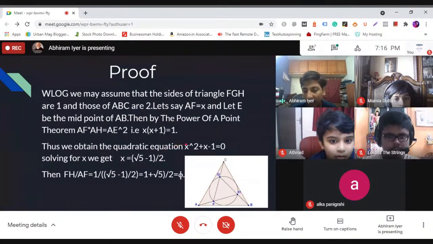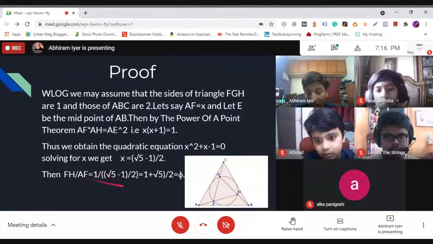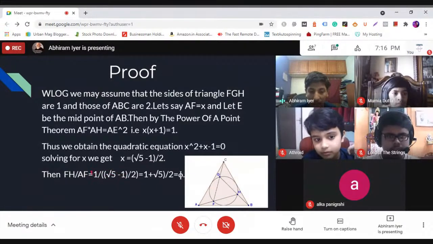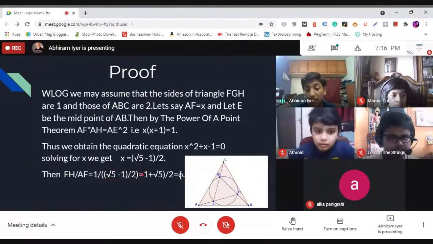So we get this equation: x times x plus 1 equals 1. After simplification, we get x squared plus x minus 1 equals 0. And solving for x, or let me say AF, we get that AF is equal to root 5 minus 1 by 2. Then FH by AF is nothing but 1 by x, or 1 by root 5 minus 1 by 2, which after simplification becomes 1 plus root 5 by 2, which is the famous golden ratio.